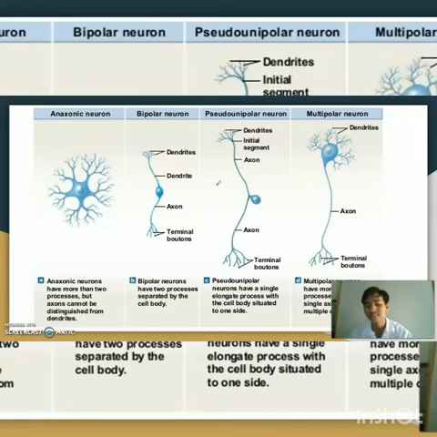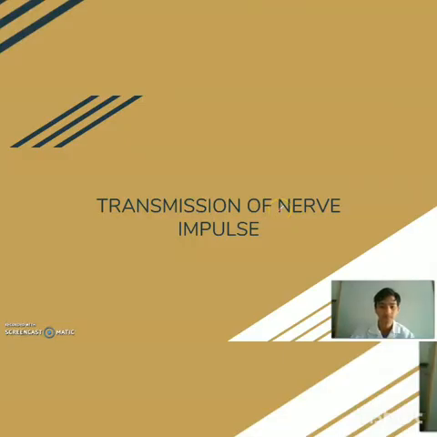Pseudo-unipolar neurons have a single elongated process with the cell body situated to one side. The last one, multipolar neurons, have more than two processes, with a single axon and multiple dendrites. I will now proceed to the picture of nerve impulse, with the explanation from Nazrumuddin. Thank you.